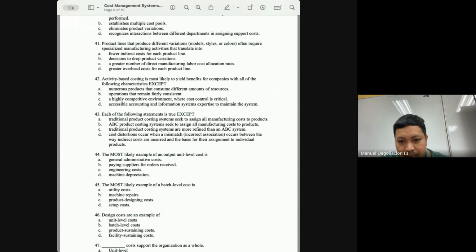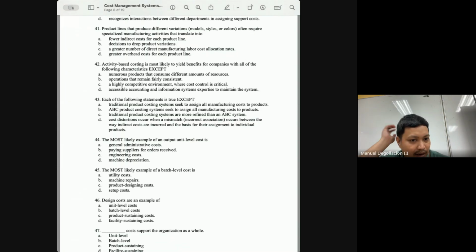Again, A, B, and C are very broad costs, class. It would be very difficult for you to trace them to a particular unit. However, for machine depreciation, of course, only those products that use the machine. So the best answer for 44 is delta.